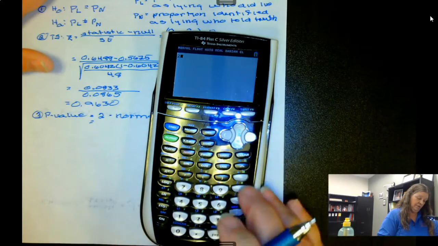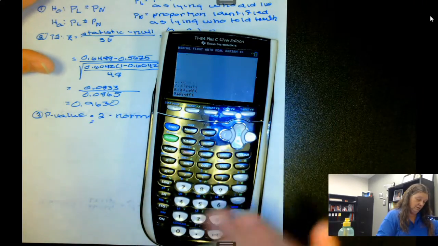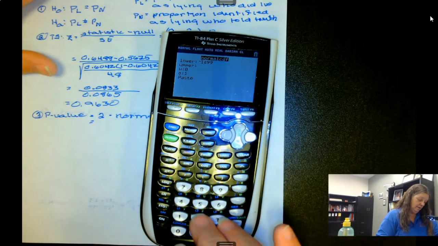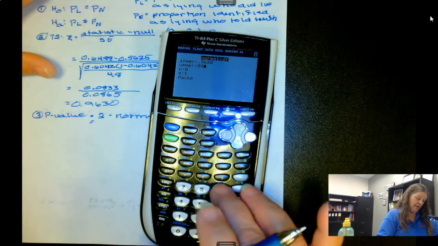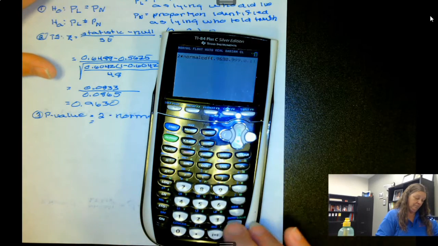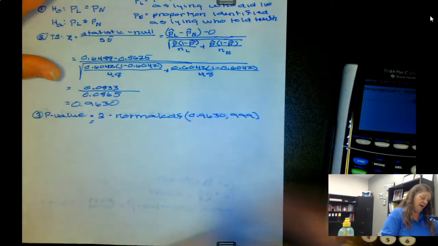So we have 2 times normal CDF, 0.9630, 999, and we get 0.3355.